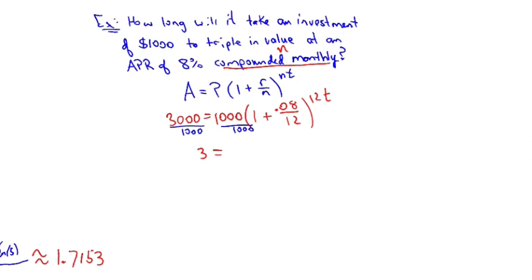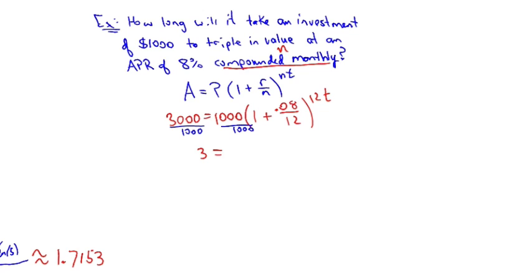On this side, what's 1 plus 0.08 divided by 12? Should I leave it written that way, or can I combine it? It's better to combine it. Make it a single number, because then you have a single number raised to a power.